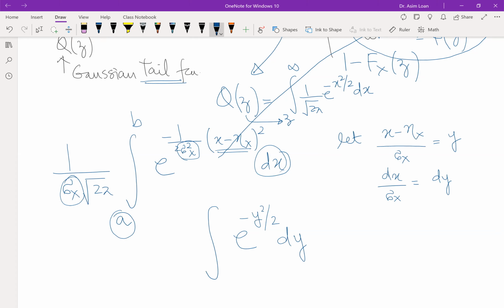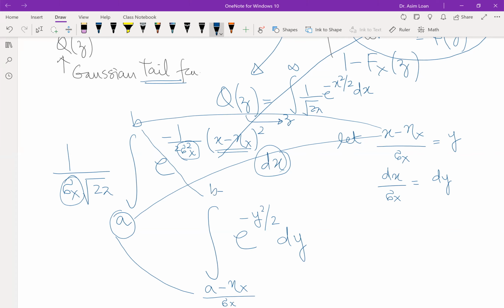When x is equal to a, this will become a minus eta x over sigma x. And when x is equal to b, this will become b minus eta x over sigma x, right?